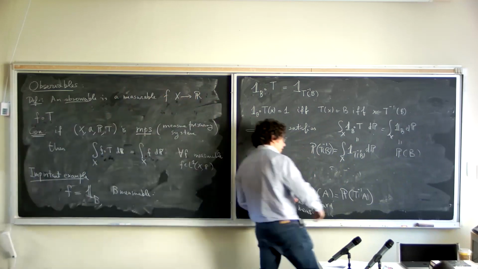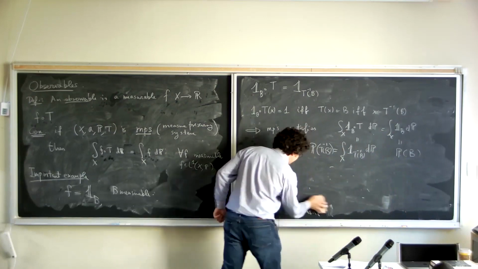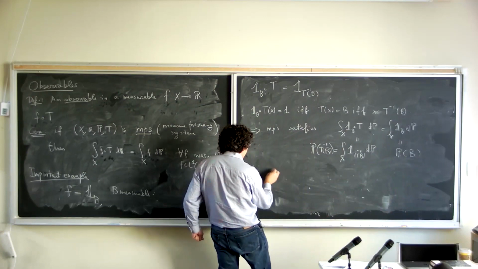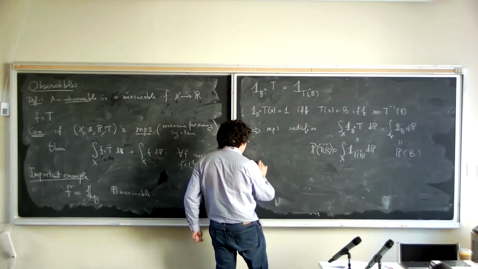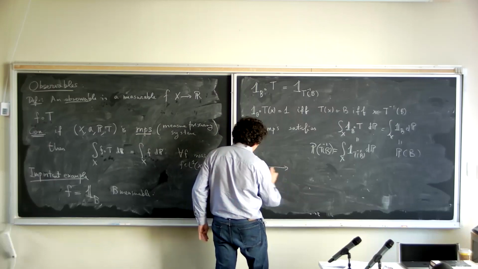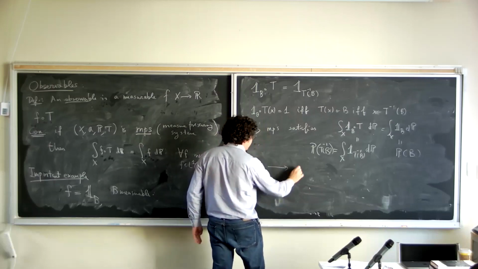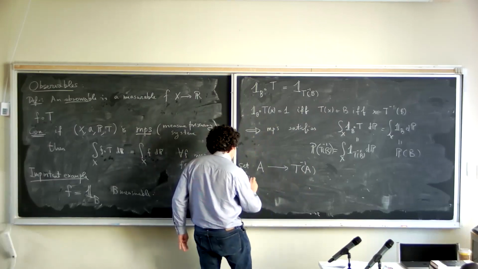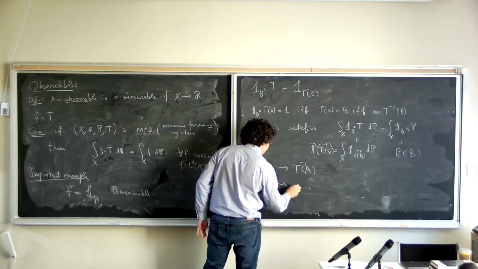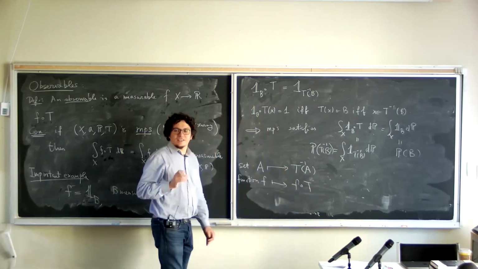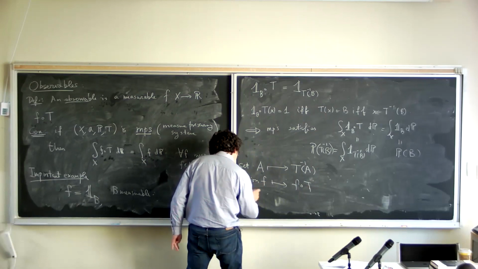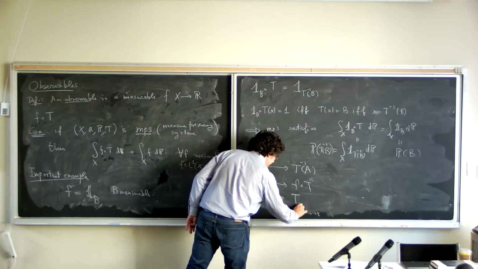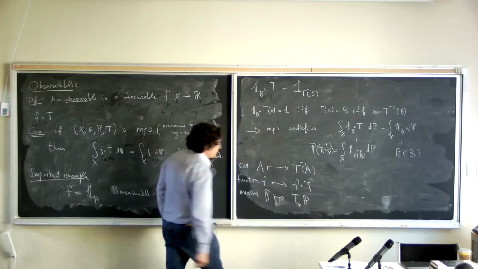But let me just say the fundamental principle is the following: for a set A, the way you act by the dynamics is T inverse of A. For a function, the way you act is f composed with T. And for a measure P, the way you act is push forward the measure.